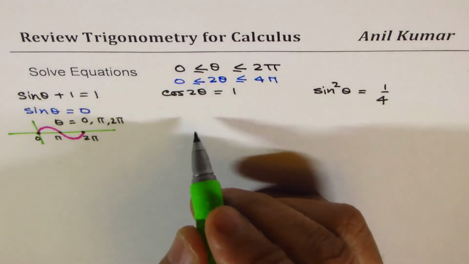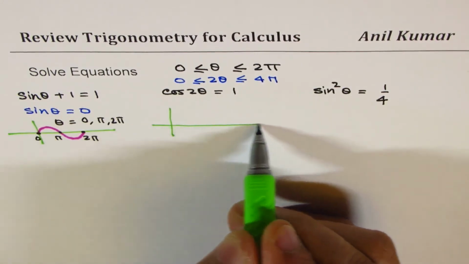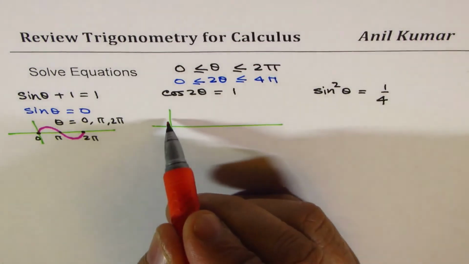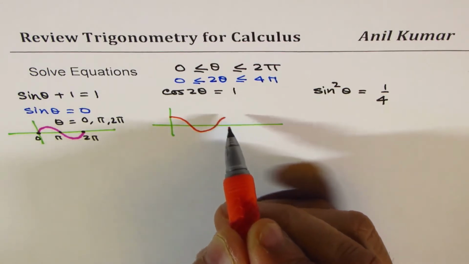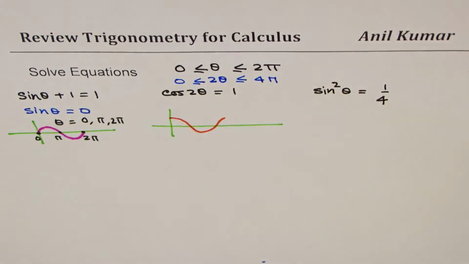Now, for the cos curve, whenever you're working with 1 or minus 1, you could sketch and get your solution. For the cosine function, it starts with 1 and it ends with 1. And it does have a period of 2 pi, correct?